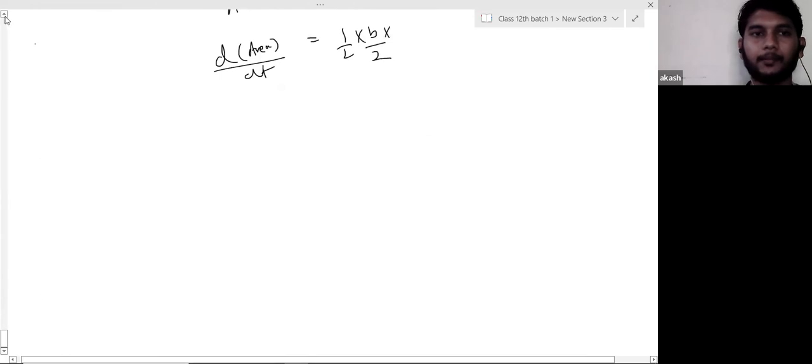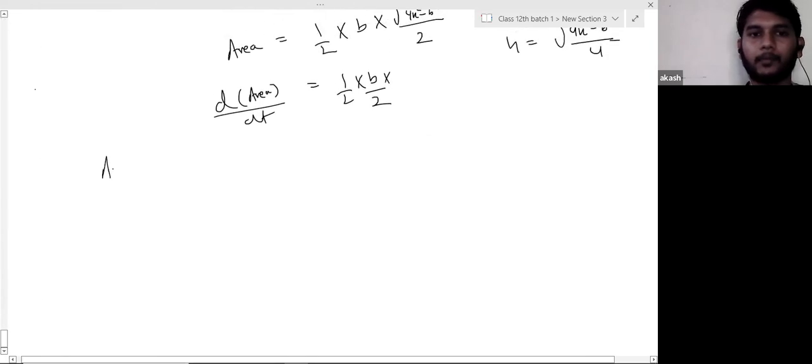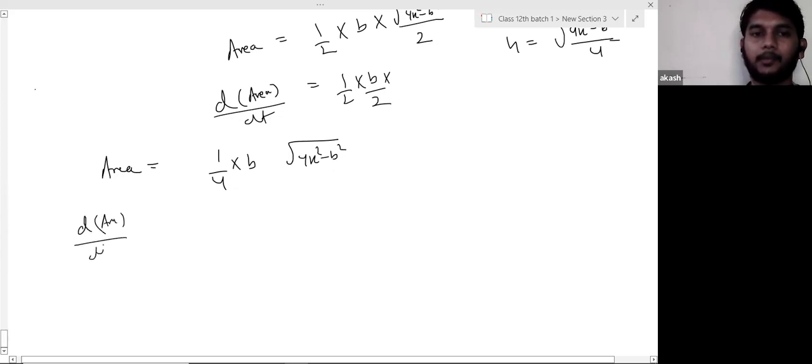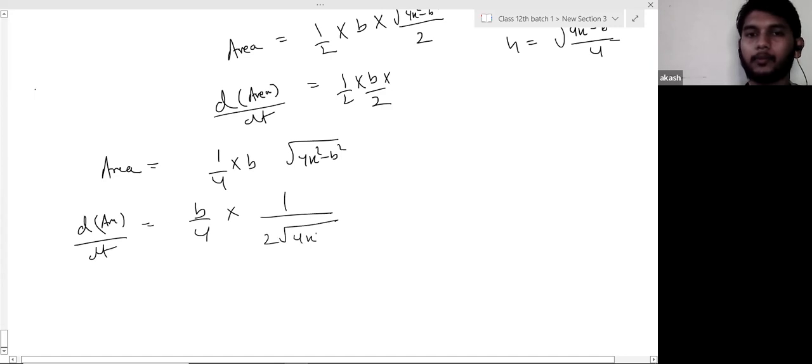So we have area equals to 1 upon 4 b under root 4x square minus b square. So d area upon dt will be b by 4. We have to use chain rule. So differentiation of under root function is 1 upon 2 under root 4x square minus b square. Now differentiation of this is 8x.